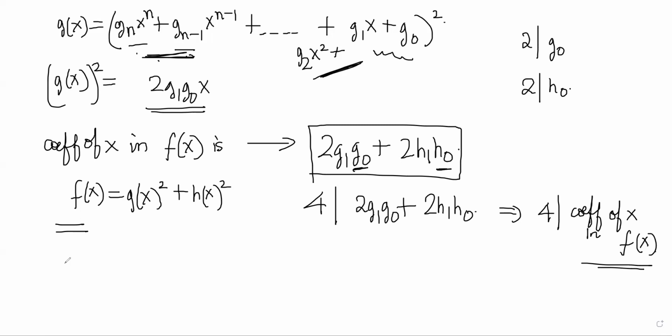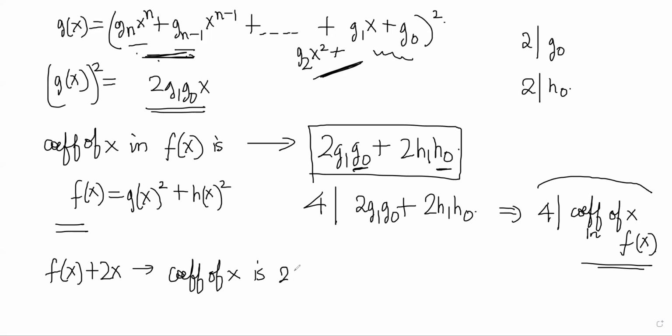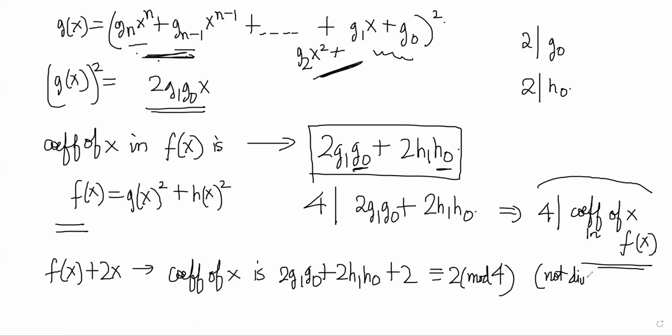Now, as long as f of x is a Fermat polynomial, 4 should divide the coefficient of x in f of x. But now, what do we have? The new polynomial is f of x plus 2x. So the coefficient of x here is 2 g_1 g_0 plus 2 h_1 h_0 plus 2, which is congruent to 2 mod 4. And therefore, it is not divisible by 4.